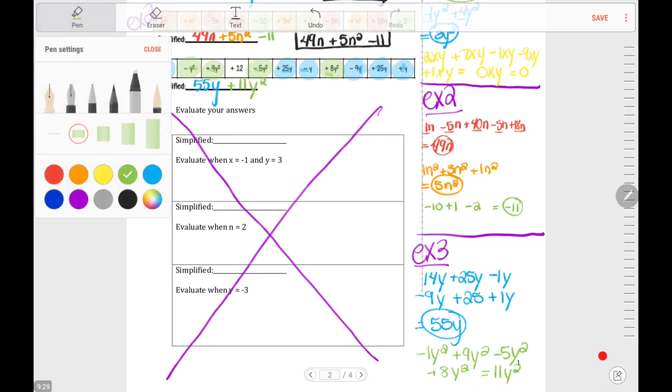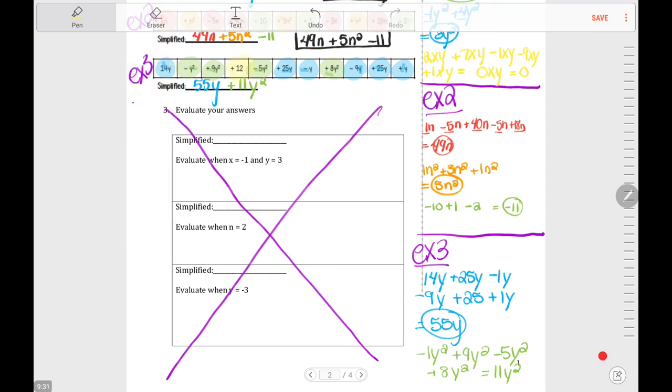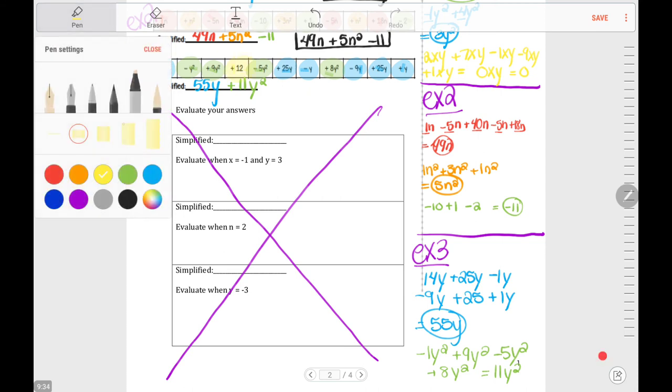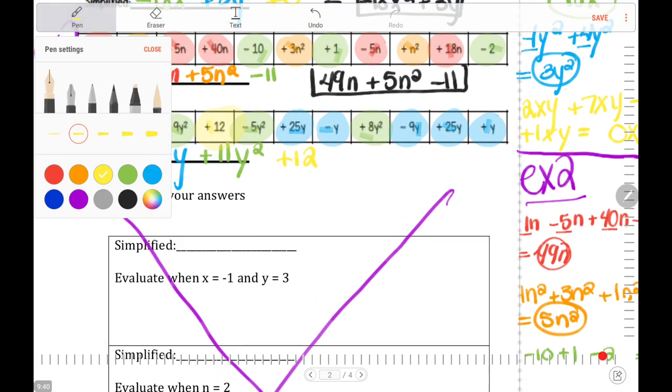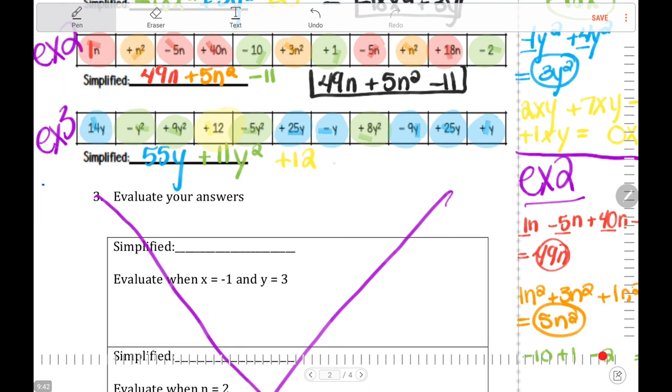And lastly, you'll notice that this one's by itself, so there's nothing to combine it with, but it still has to go in our answer. So I still have to add 12 at the end. So our final answer, which you might have gotten, is 55y plus 11y squared plus 12.